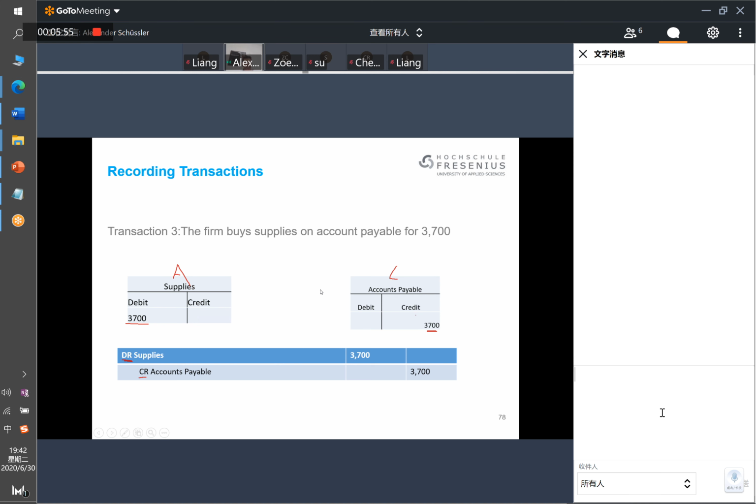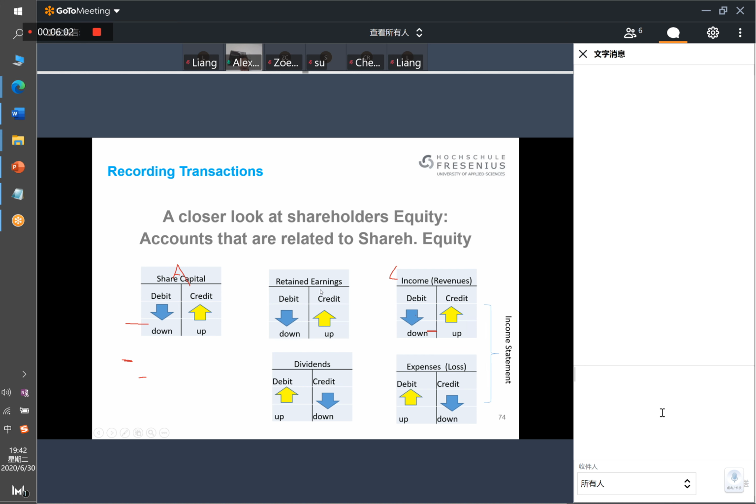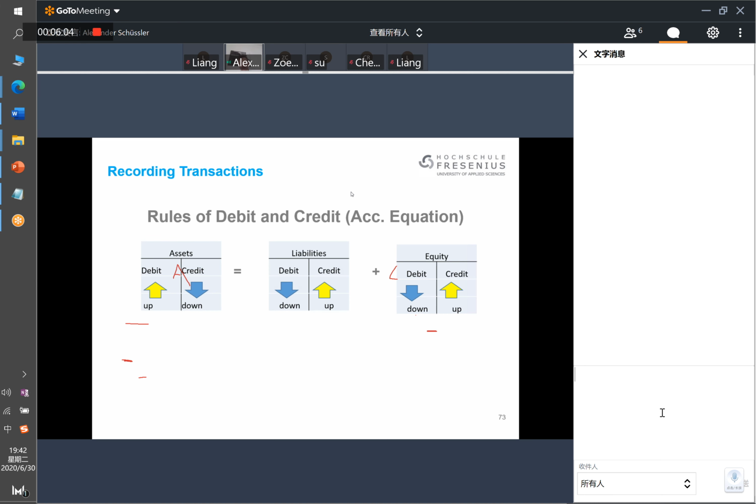You see that here? Asset accounts are different from liability accounts. With asset accounts, when you debit them, they go up, debit up. With liability accounts, when you credit them, they go up. So it's the other way around.